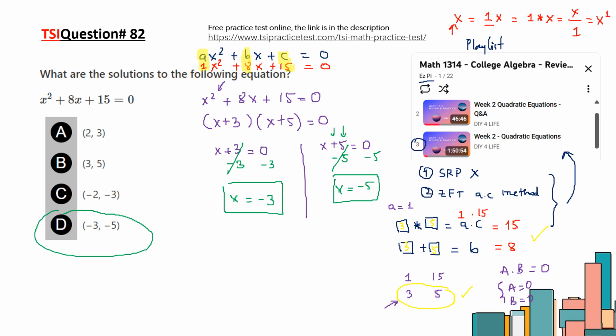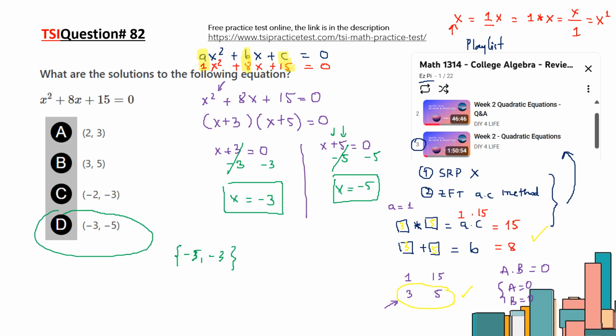Usually they will not use parentheses like that. They may use curly braces like this, negative 5, comma, negative 3. Negative 5 comes first because negative 5 is smaller than negative 3.